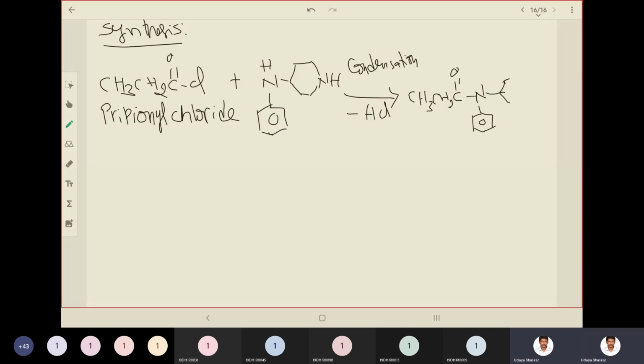This is a piperidine. Simple condensation. To this, what we'll do, we'll add phenethyl chloride. We'll add phenethyl chloride and condense it so that we'll get our fentanyl.